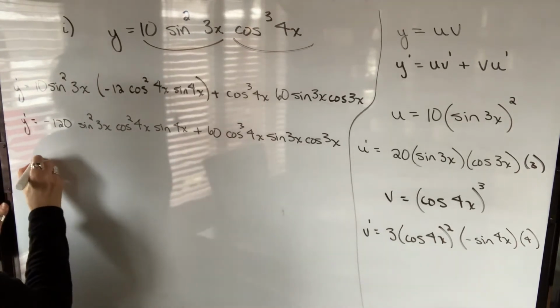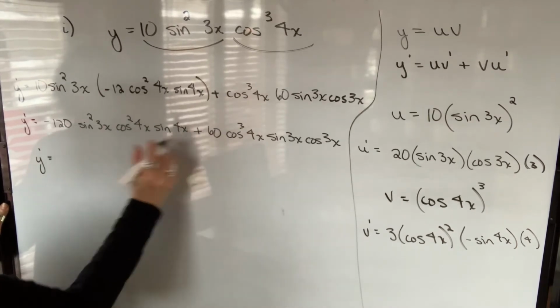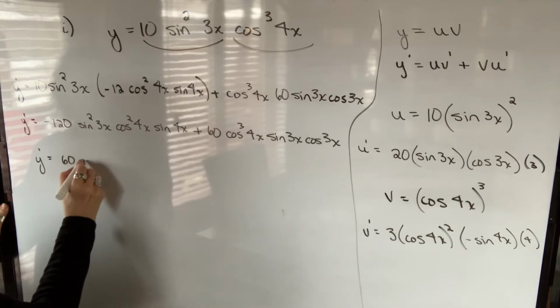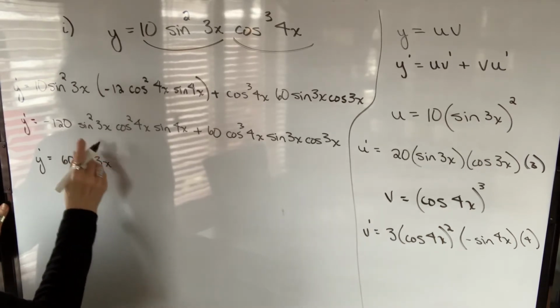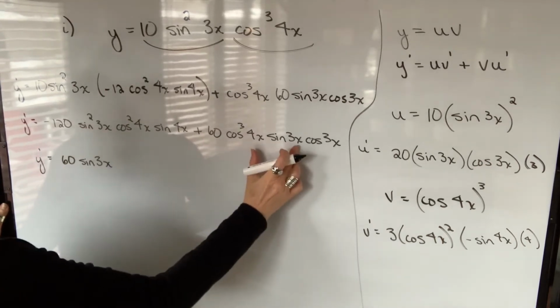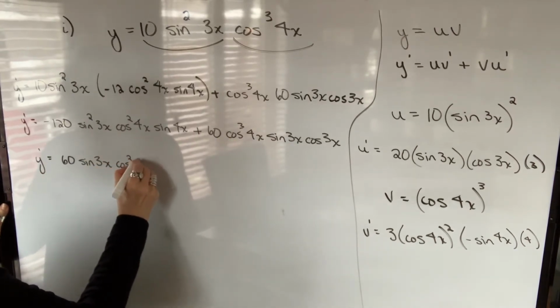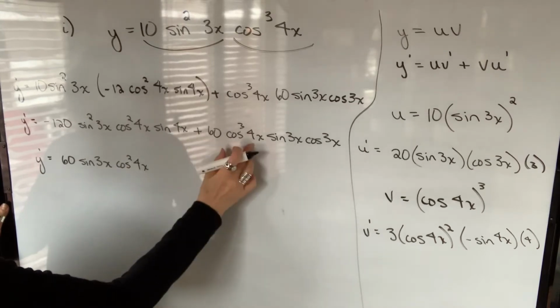So if you were, we could factor a 60 out of both terms. I could factor a sine of 3x out of both terms, because there's a sine squared 3x here, there's a sine 3x there. I could factor a cos squared of 4x out of both terms.